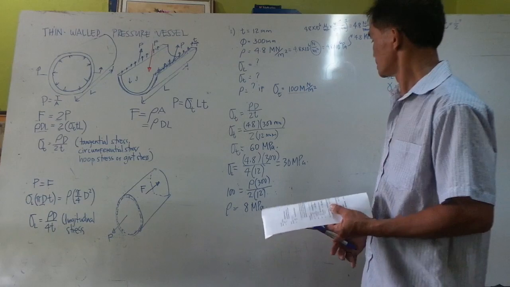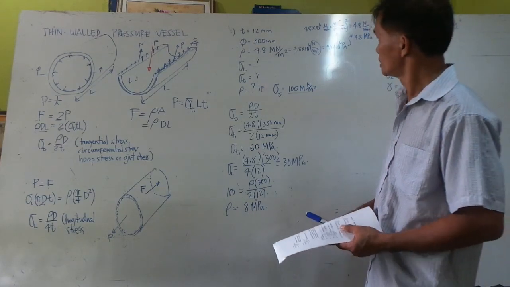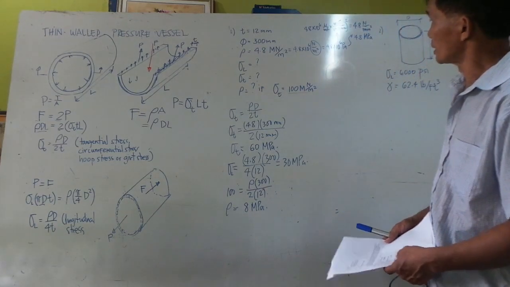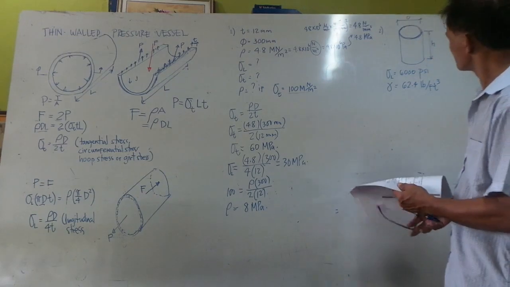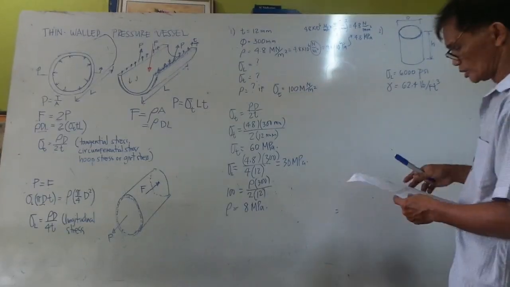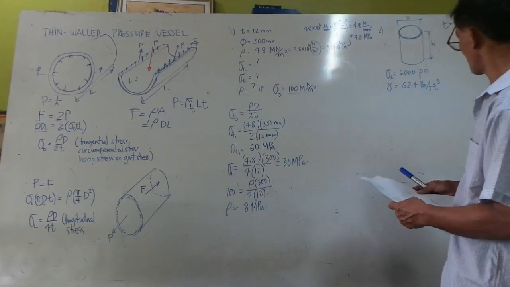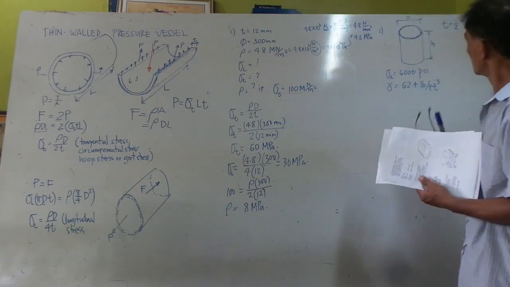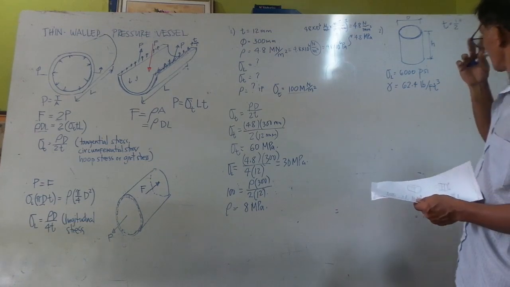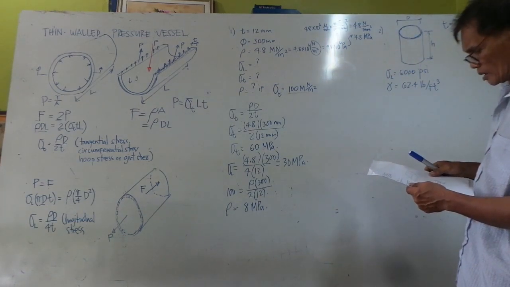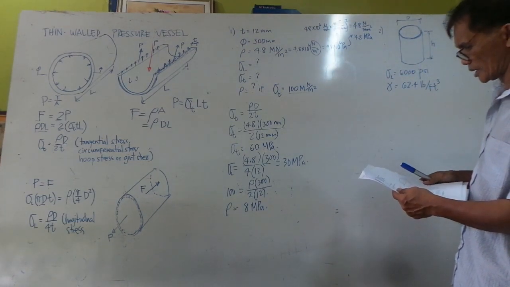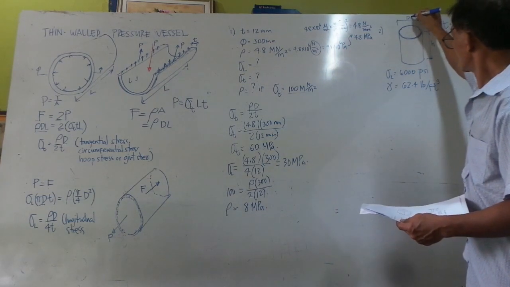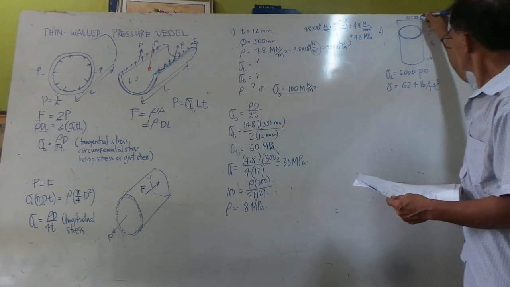So that's problem number 1. Number 2: we are told to determine the height of a tank that is filled with water, considering that the diameter is 22 feet.